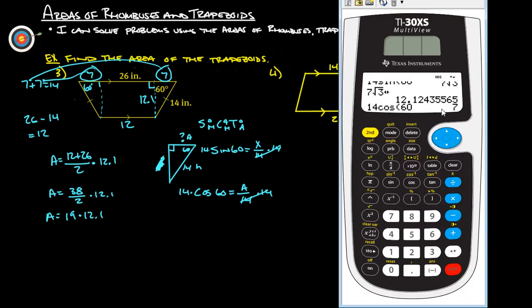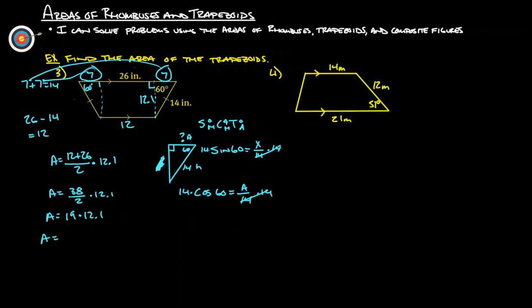So let's do 19 times 12.1, and that gives us 229.9. So the area of that whole trapezoid is 229.9 inches squared.